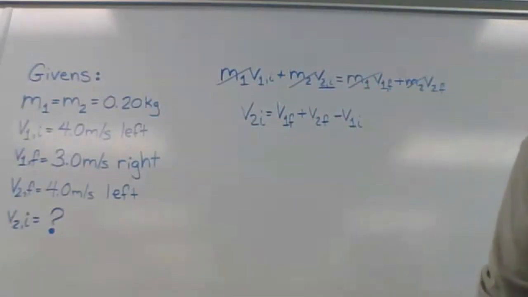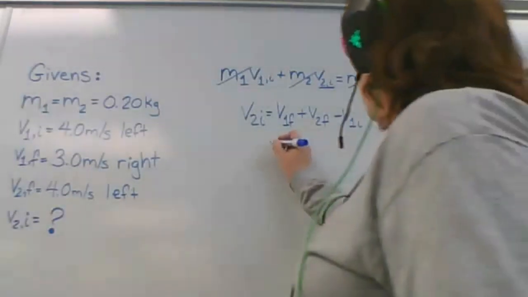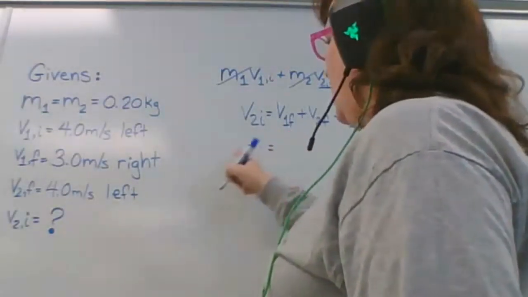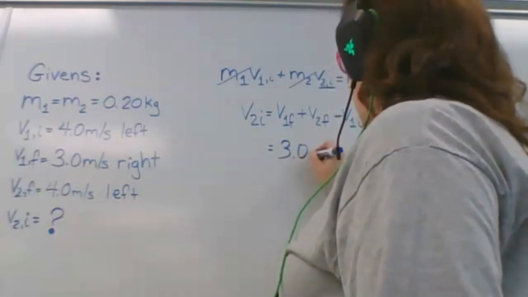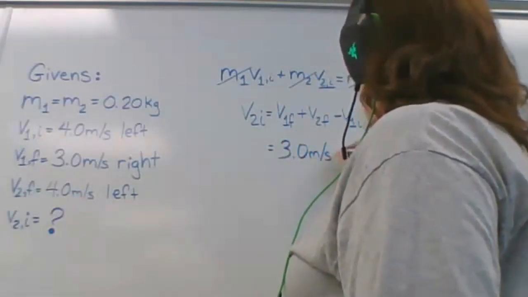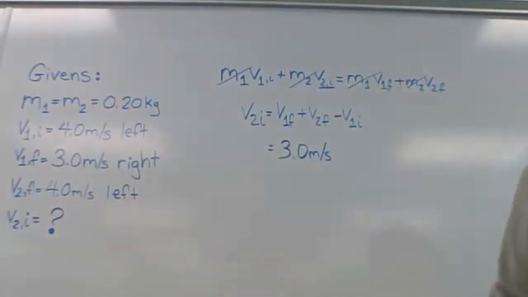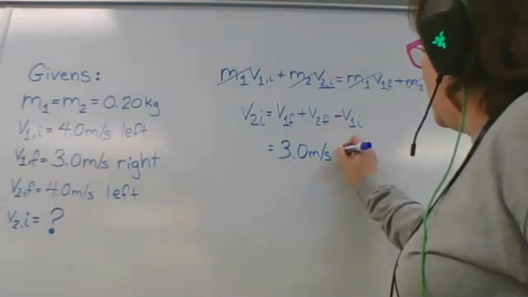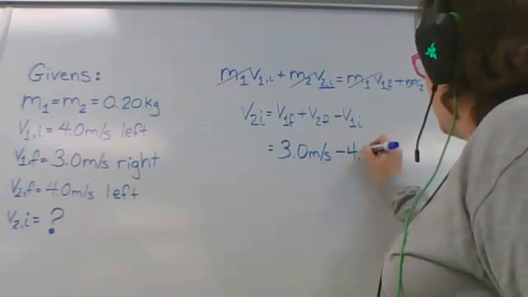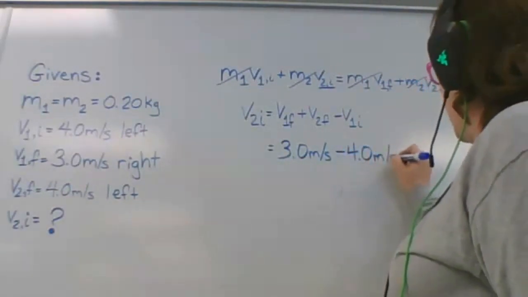So now I can plug in here and I get V1 final is 3.0 meters per second. My V2 final is minus 4.0 meters per second.